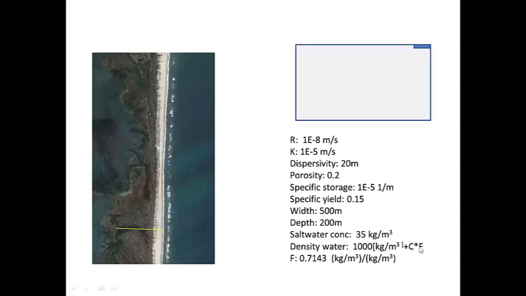This causes the density to increase with concentration, and if C is equal to 0, then the density is 1,000 kilograms per cubic meter. Now, the function that's going to cause the density to increase is the concentration times this term here. We're assuming this is a constant, and it's given here, roughly 0.7. And this is dimensionless because it's kilograms per cubic meter per kilograms per cubic meter.